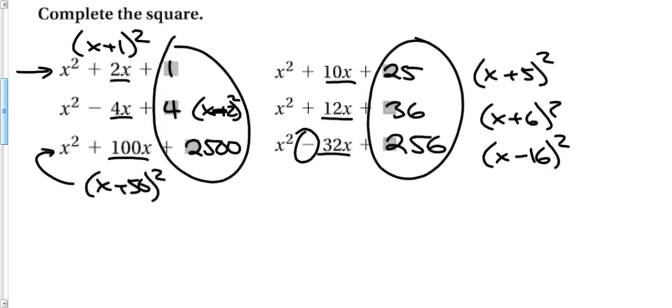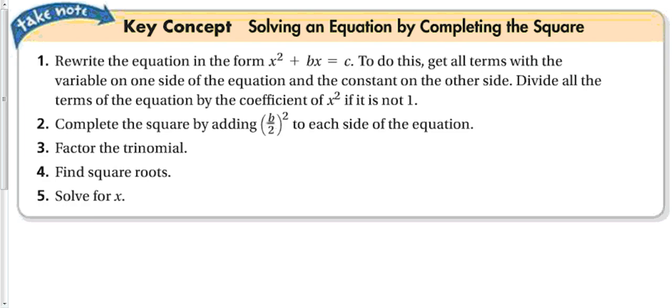So when we're adding these numbers, we're doing it with the expectation that we are going to eventually try to factor my new expression. And that will help us solve an equation with this method, with completing the square. So I have a couple steps here. Step 1, rewrite the equation in the form x squared plus bx is equal to c.